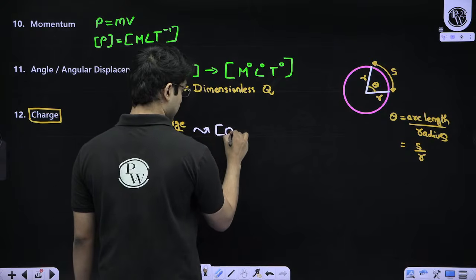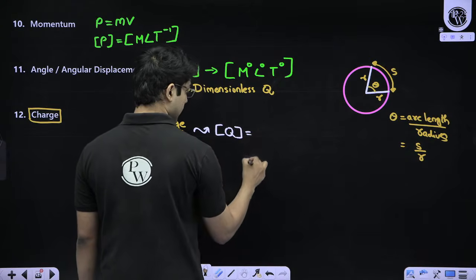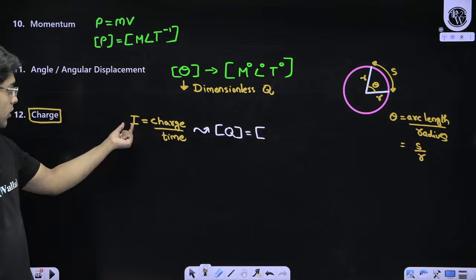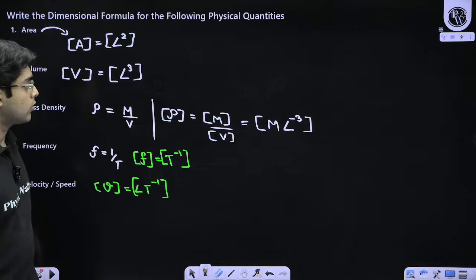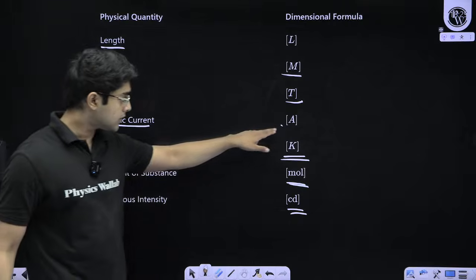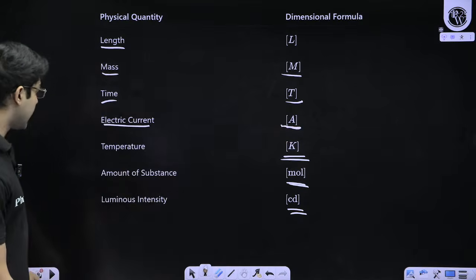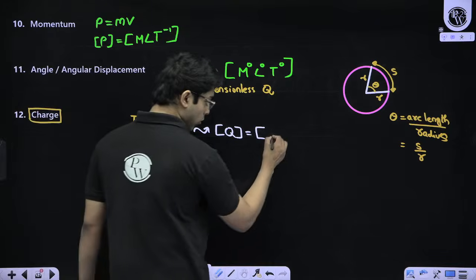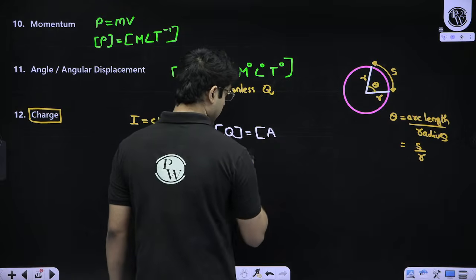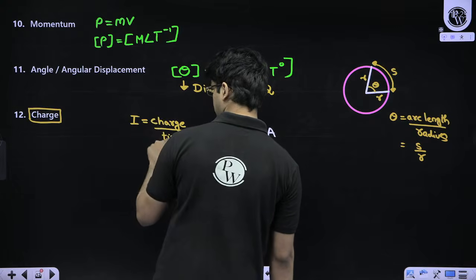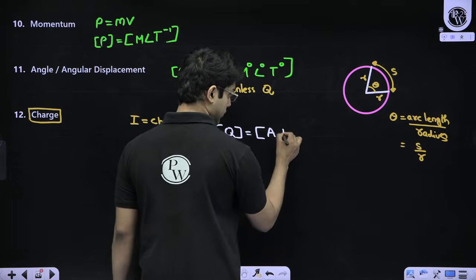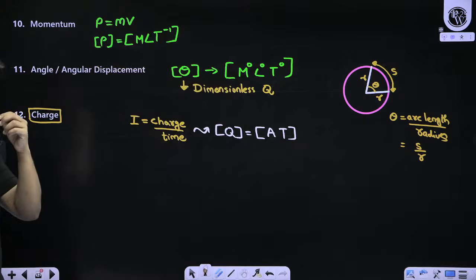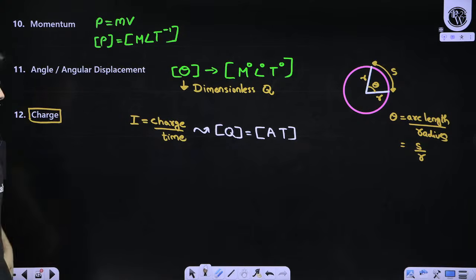I'm using the symbol Q for charge. It will be the dimension of current. Now current is a fundamental quantity, and we represent it as A in the dimension box. So A raised to 1 multiplied with time, so A into T will be the dimension of charge.